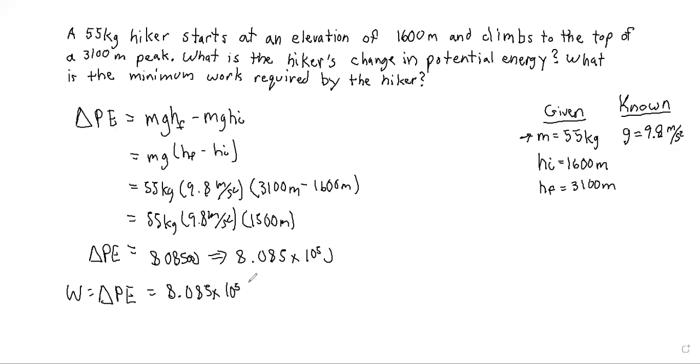If you want to round it off to one decimal place, this will be approximately 8.1 times 10 to the fifth joules for both of them. And this will be our answer.